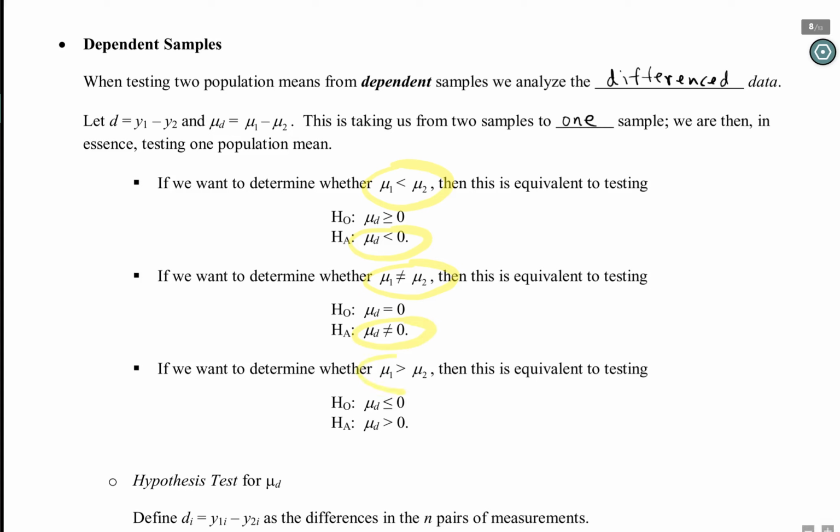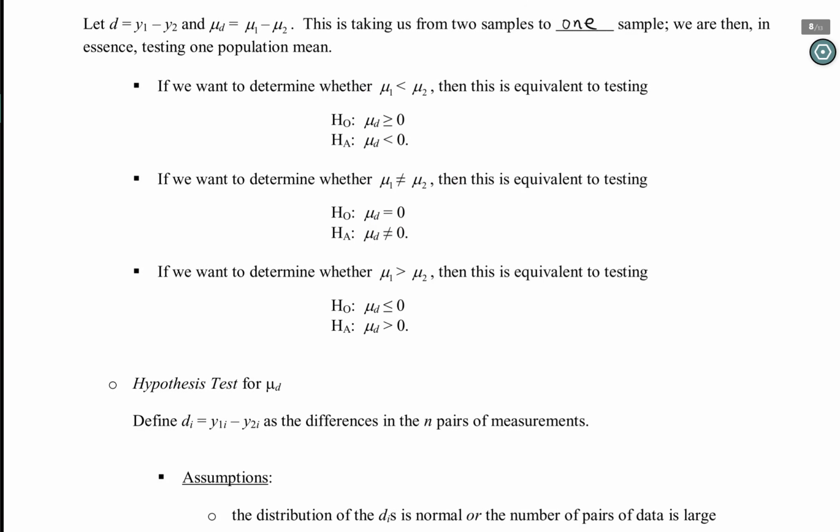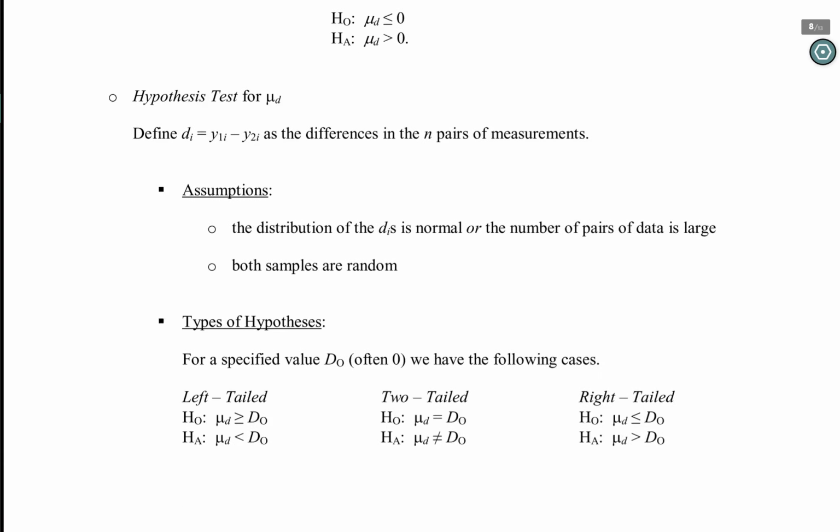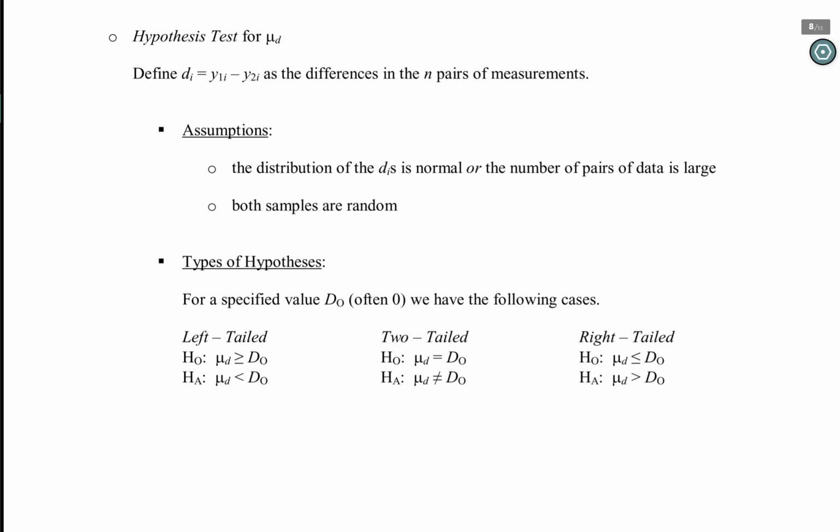And lastly, if you want to check if mu1 is bigger than mu2, that's equivalent to checking if the mean difference is positive. Okay, so all of these hypotheses here, left tail, right tail, two-tailed, can still be done, and it's not too surprising here.